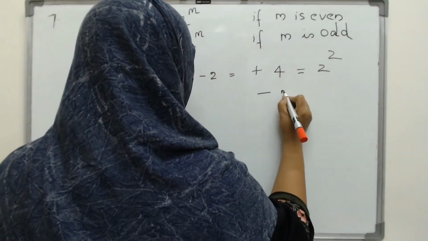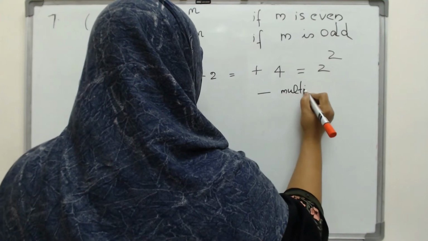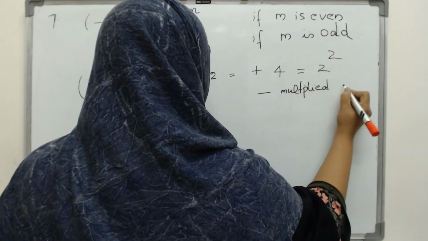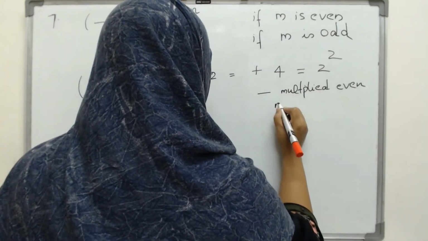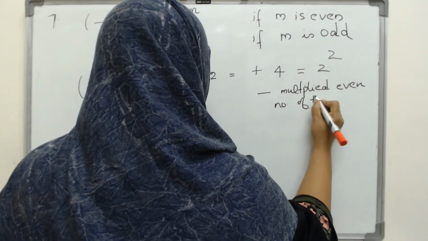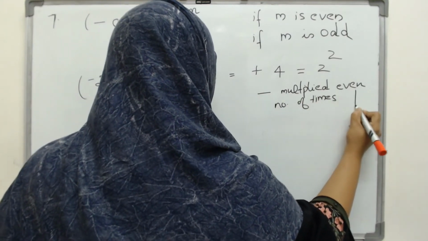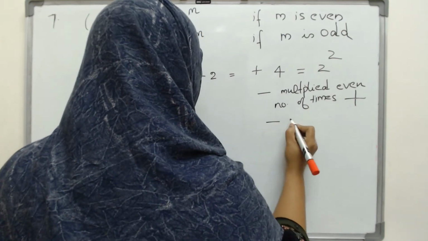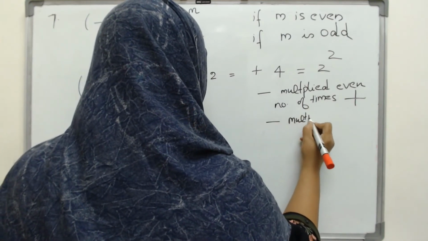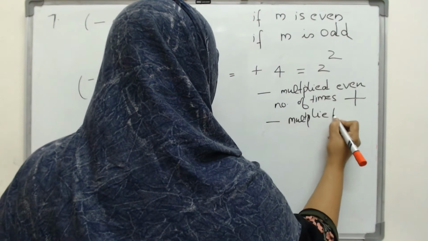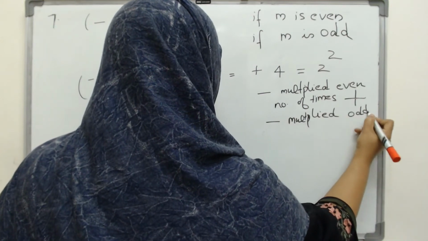Because the negative sign, if multiplied an even number of times, will become positive. But a negative sign multiplied an odd number of times would be minus.